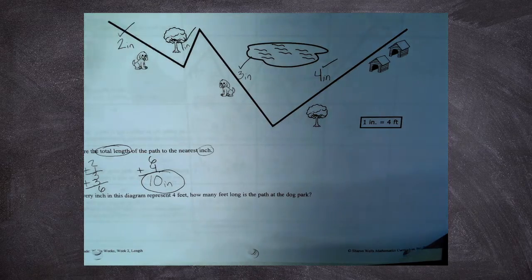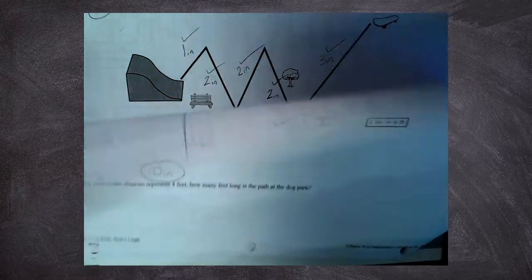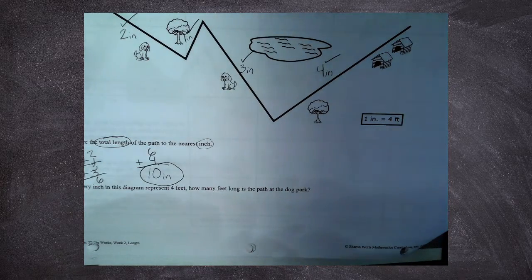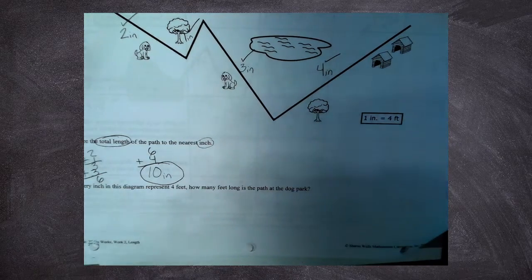What have we been using to change our units around? What operation? In all of these problems on the last page, what operation do we keep using? Chase? We use multiplication.